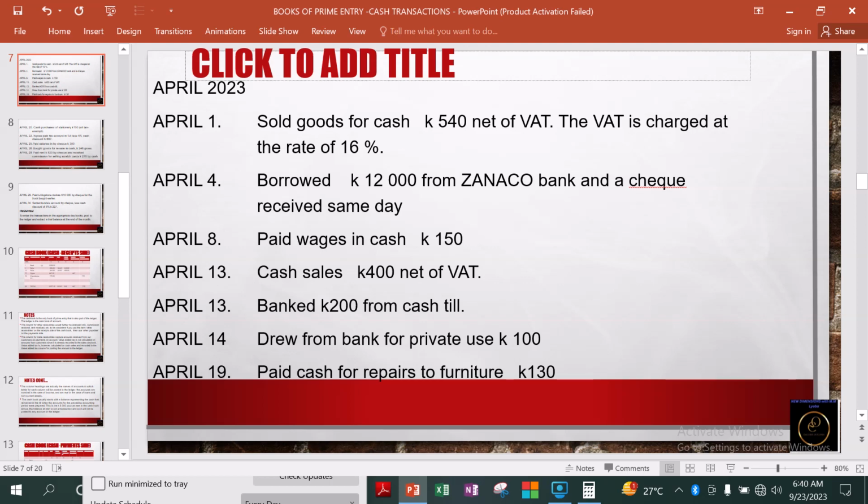So let's see how that is done. Where was this drawn? It's from the bank. So the bank paid, and we are going to look at the cash book bank payment side. It gave out 100. We have to capture that.